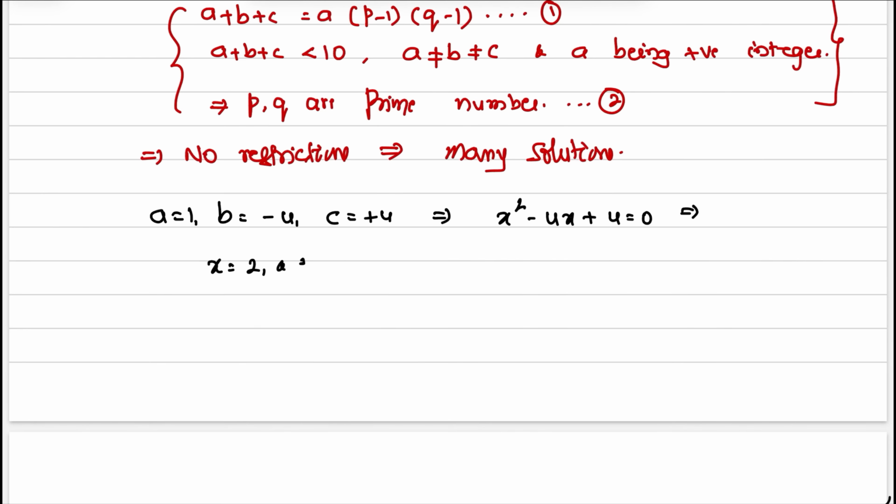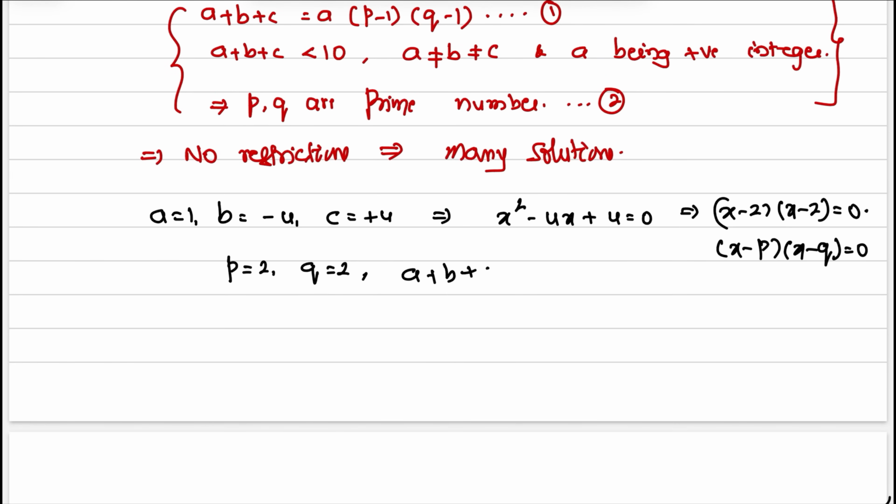That means P is equal to 2 and 2. Because this is x minus 2 into x minus 2 is equal to 0, that is in the form of x minus p into x minus q is equal to 0. That implies p is equal to 2 and q is equal to 2, and a plus b plus c is equal to 2.